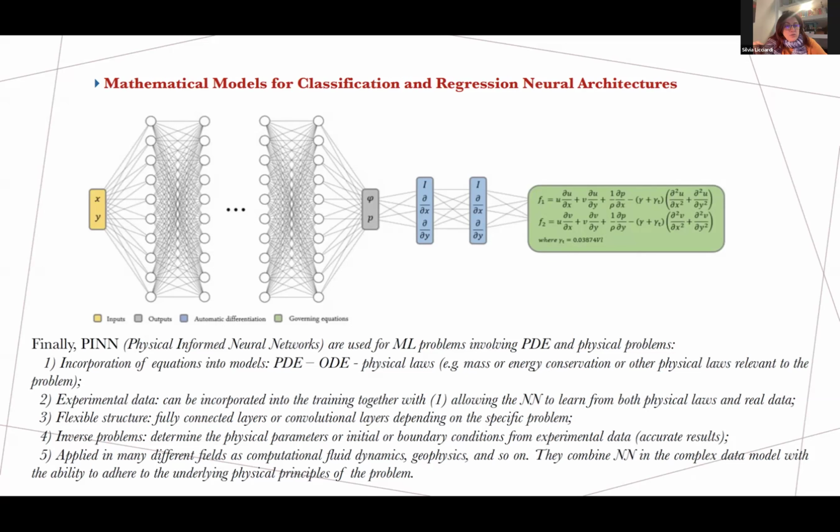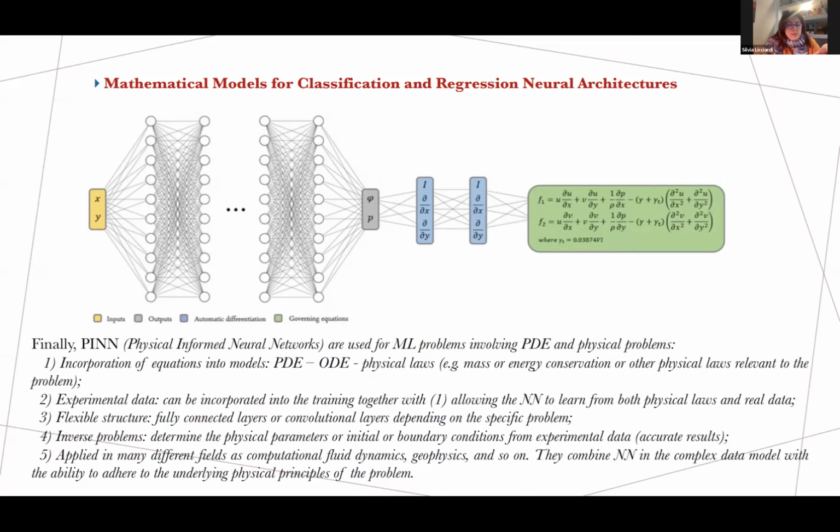Experimental data too. The experimental data can be incorporated into the training together with the physical laws, allowing the neural network to learn from both physical laws and real data in real time. So while the network is training, at each iteration it can learn from the experimental data, included step by step in this process.